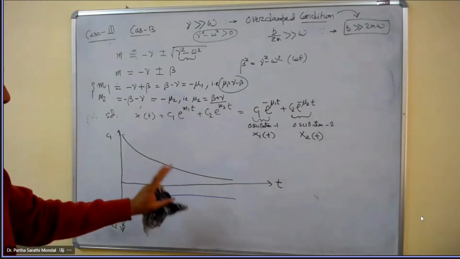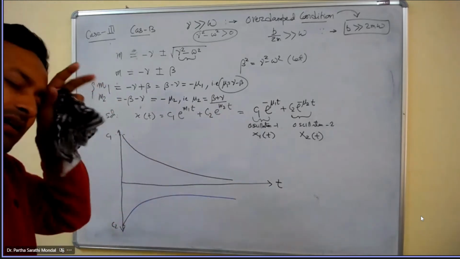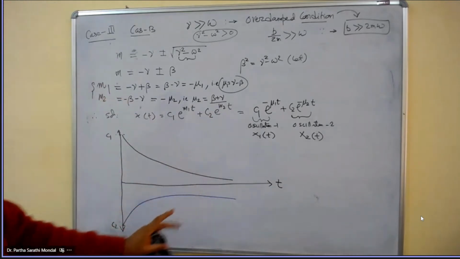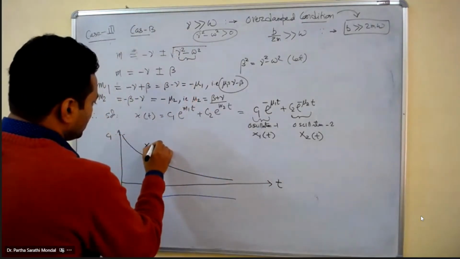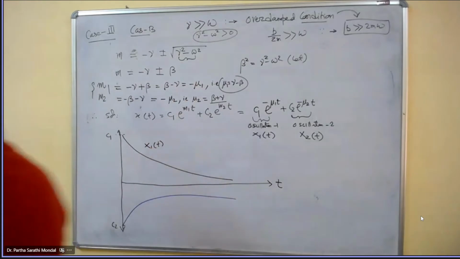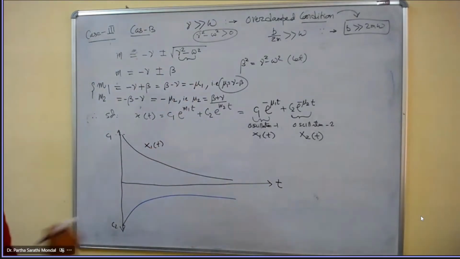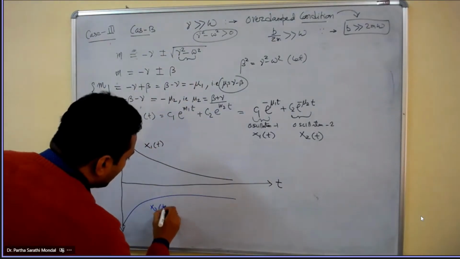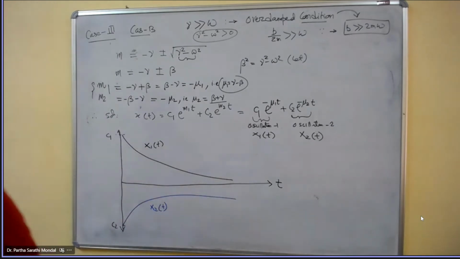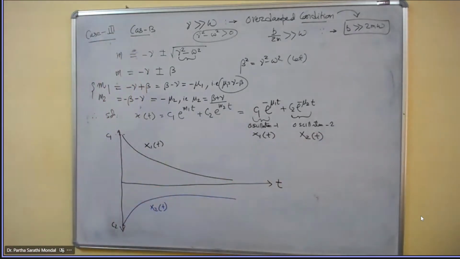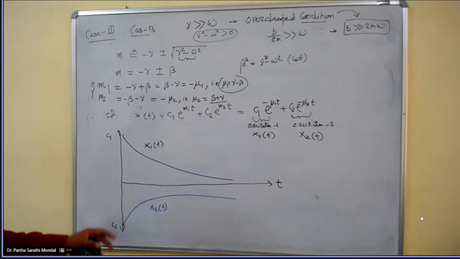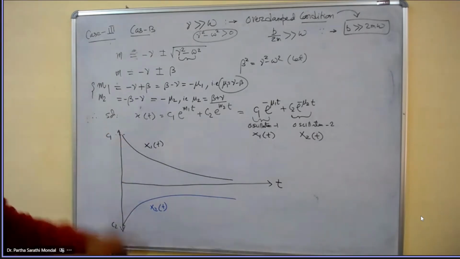I am taking one simple special case where these two oscillations x1 t and, let's say, x2 t are contributing to the oscillation, because these are two separate oscillations. These two oscillations superimpose each other to give you the total oscillation.